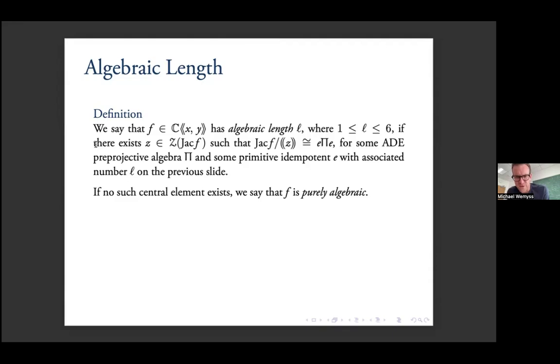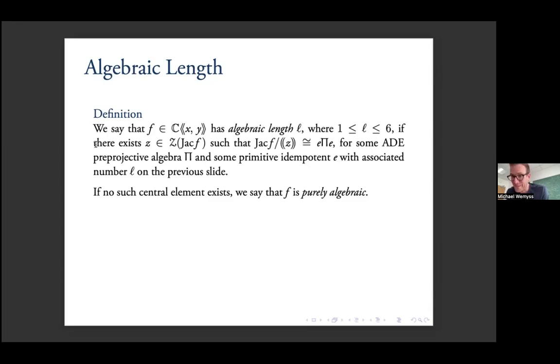Now, again, to talk you through this: if there exists something in the center, and it's not clear the center is non-trivial, incidentally, but if there is something in the center, and the quotient is eπe for some ADE and some idempotent with some number L. The key point of this definition is that it's really not clear that it's well defined, because it's all about a single central element Z. And it's perfectly plausible that you have two different central elements that slice to different eπe's.